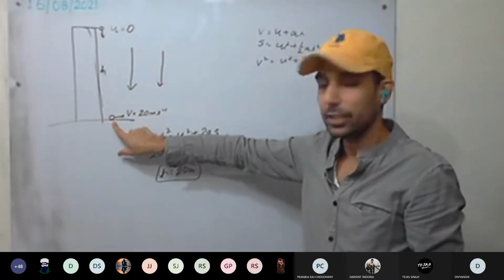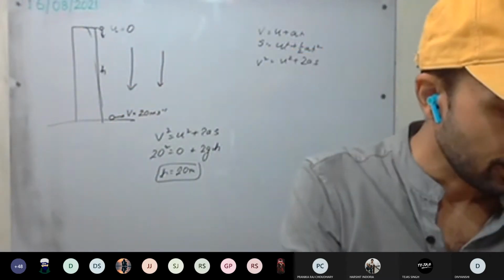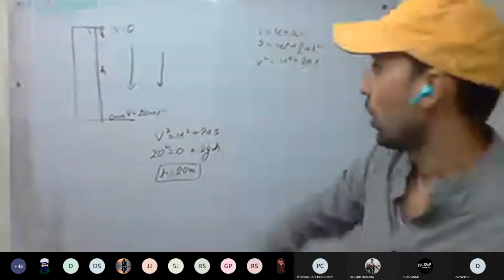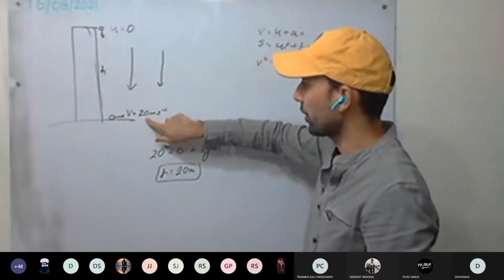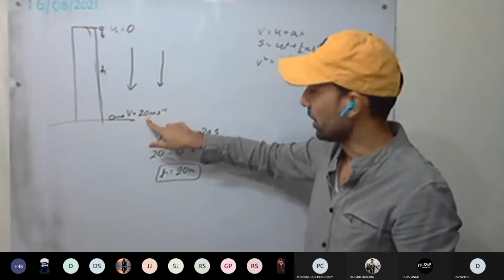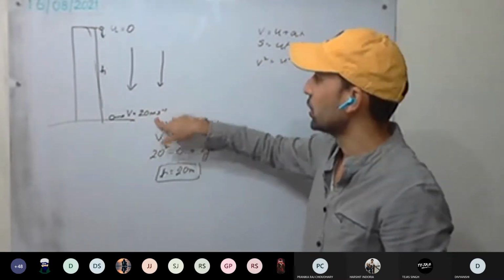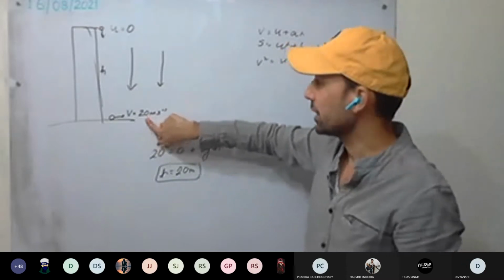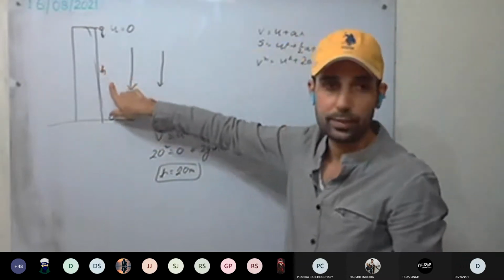Now, in the question it is given: it acquires a velocity of 20 meter per second on reaching the ground. So it is the final velocity. You are provided with initial velocity, you are provided with final velocity. And the question says calculate the height of the tower.